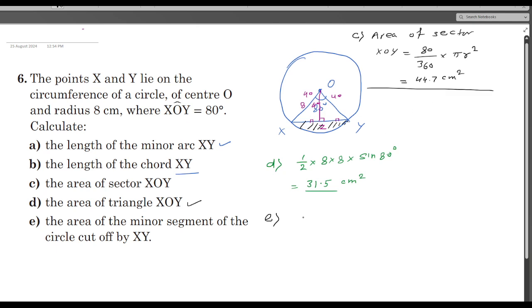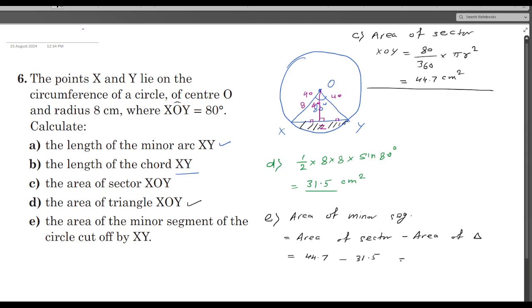So here your area of minor segment is nothing but area of sector minus area of triangle. Area of sector we get 44.7 and area of triangle we got 31.5.